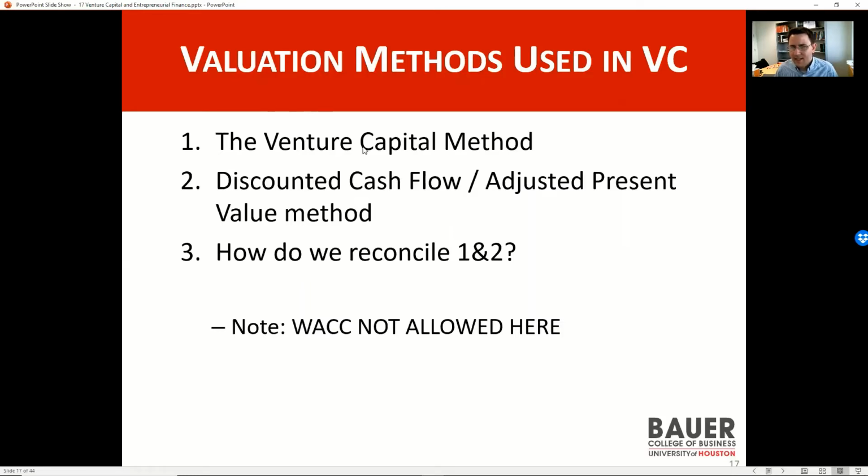So we need to think through the VC method to see how to reconcile the two. And clearly, we're not allowed to use WACC. These companies are too volatile. The key assumption with the weighted average cost of capital is that there was some stability. That's obviously not going to be the case here. So we can't do anything along that line.